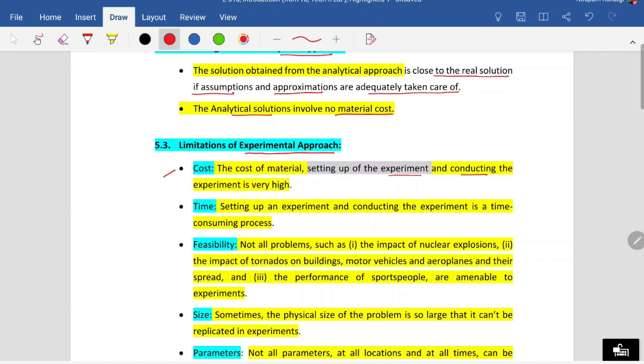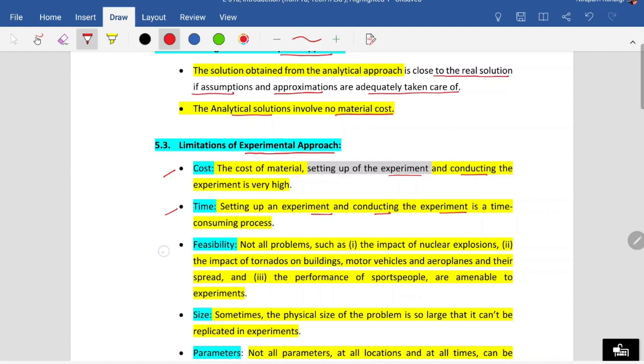So you have to set up the experiment, you have to conduct it, and both things will require a lot of cost. Material cost as well as human labor cost. Okay. Then time. Obviously if you are going to set up an experiment and do the experiment, there will be time in setting up the experiment and conducting the experiment.